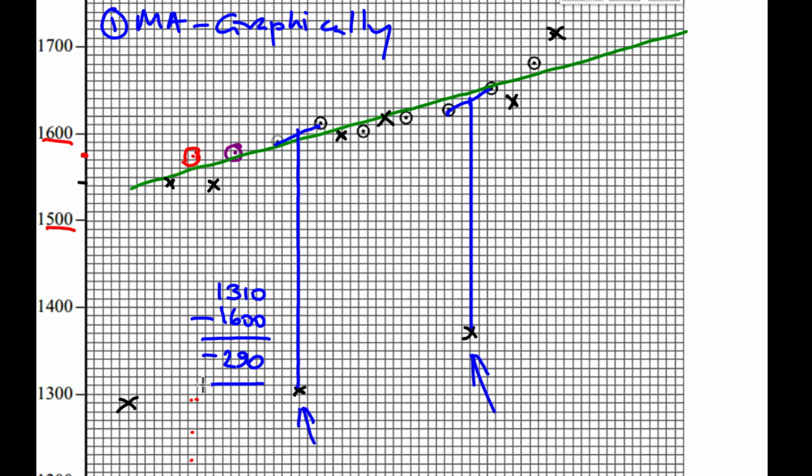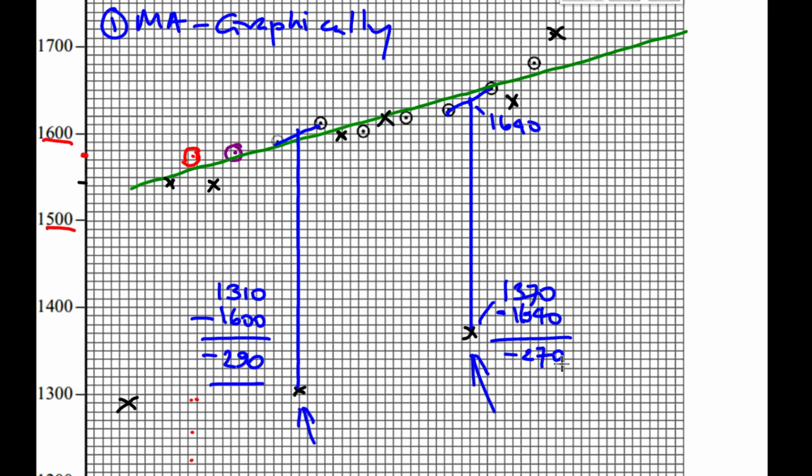If we did the same calculation on the second point, our bottom point here is 1370. Our top point here is roughly 1640. So the difference between the two, 1370 minus 1640, would give us minus 270.